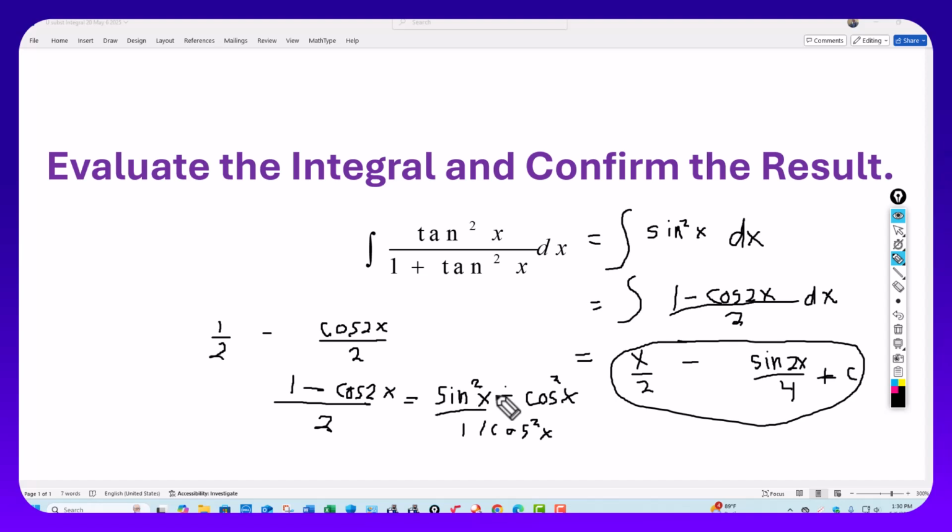So sine squared of x over cosine squared of x, of course, gives me tangent squared. 1 over cosine squared, that's secant squared. Just using fundamental identities here. So what do we have so far? We have tangent squared of x over secant squared of x. But secant squared of x equals, again, fundamental identity, 1 plus tangent squared of x.